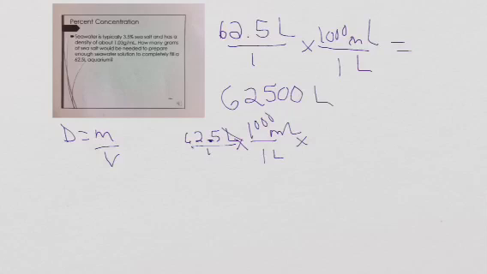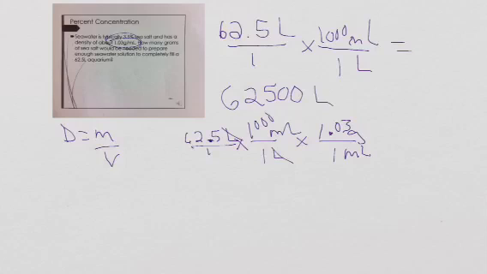I'm just going to keep right on going here: milliliters to grams, and that's where the density comes in, because it tells us that the density is 1.03 grams per milliliter. So 1.03 grams per 1 milliliter. That's how I did it, but you can also use the formula.